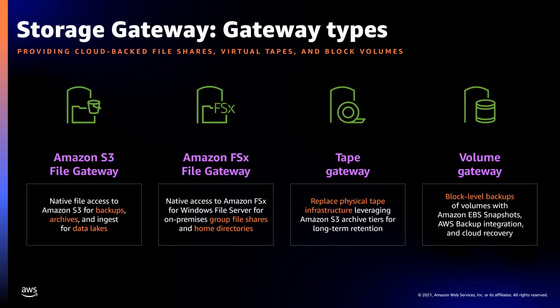And S3 becomes the single source of truth for your storage location. The local device that you're using is really to help provide low latency access to those network file shares. And so it's handling the caching, it's handling the communication back and forth from Amazon S3.